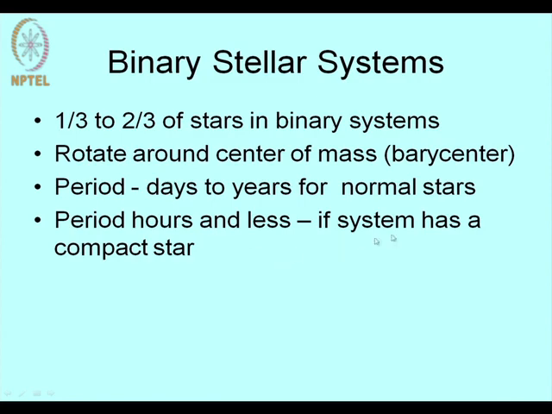So, if you want a small period, the semi major axis of the orbit also has to be small, and the stars also have to be small if they have to orbit in a very close, small elliptical orbit. So, if one of the stars in the system is a compact star, or if both of them are compact stars like neutron stars or white dwarfs, or one of them could be a black hole, then you have periods which could be hours or even less.